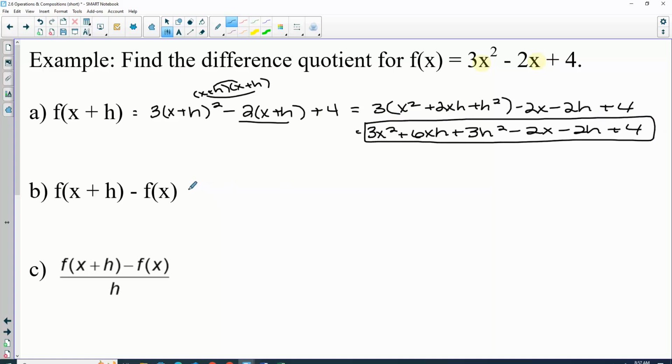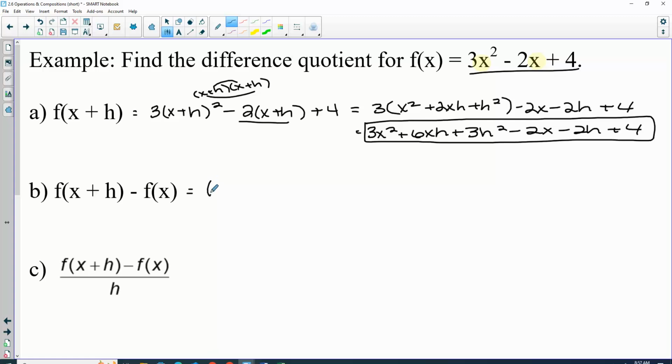B, when it says f of x plus h minus f of x, what do we do? Well, we subtract, not just a plain x, but yeah.